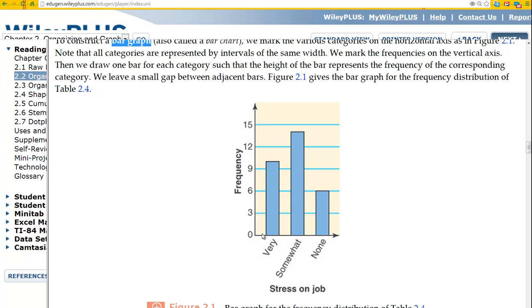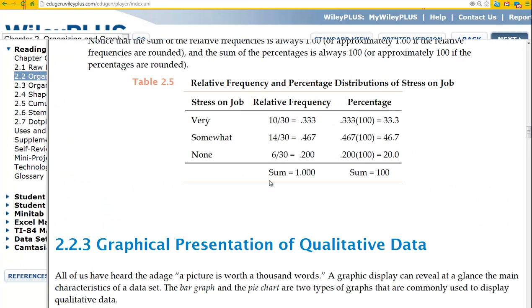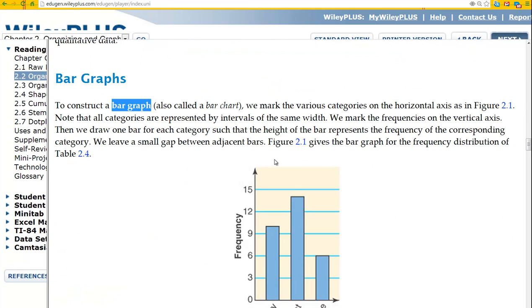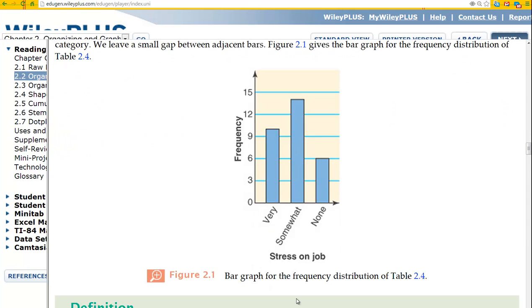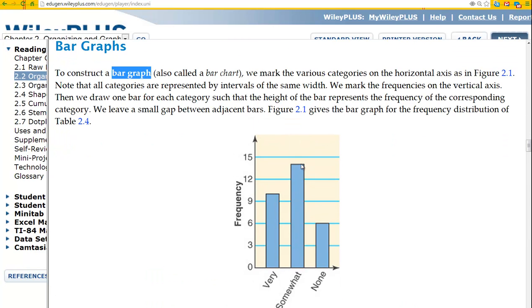Here the variable, again, is stress on the job, and the possible values for stress on the job are very, somewhat, and none. And so very was whatever it was. What was very? 10. So we draw a bar of height 10. Somewhat was whatever this height is, and none was 6.